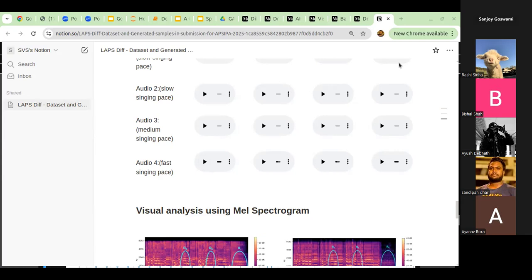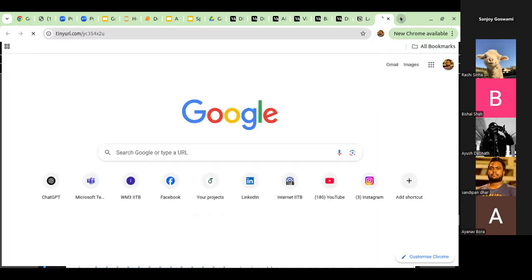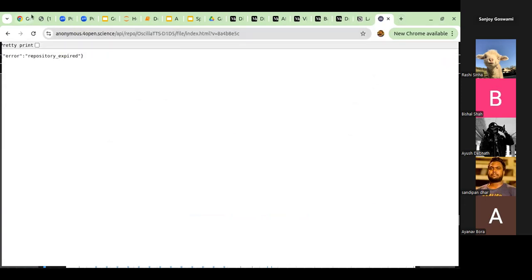This is one diffusion-based architecture that we built. Let me play the sounds. The demo page link is probably not visible. Oh, wait.